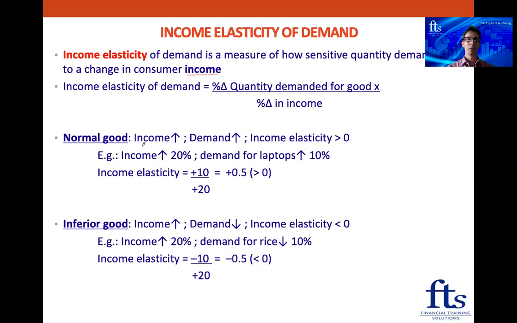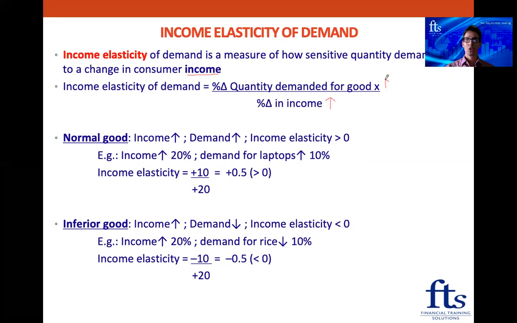So with a normal good, if people's incomes go up, the demand for the good goes up. And that income elasticity is positive. So let's just see in the example now why it is positive. Let's say people's incomes go up 20% here. So I'm going to put up there in the denominator. And the demand for laptops goes up there by 10%.